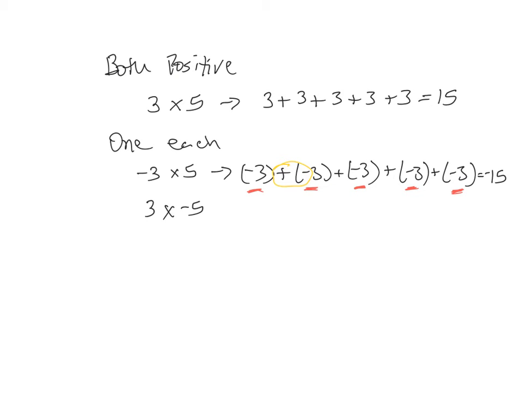And you know what? I should probably write the multiplication symbol as a dot, because that's really what we do now. So this just means -5 plus -5 plus -5.